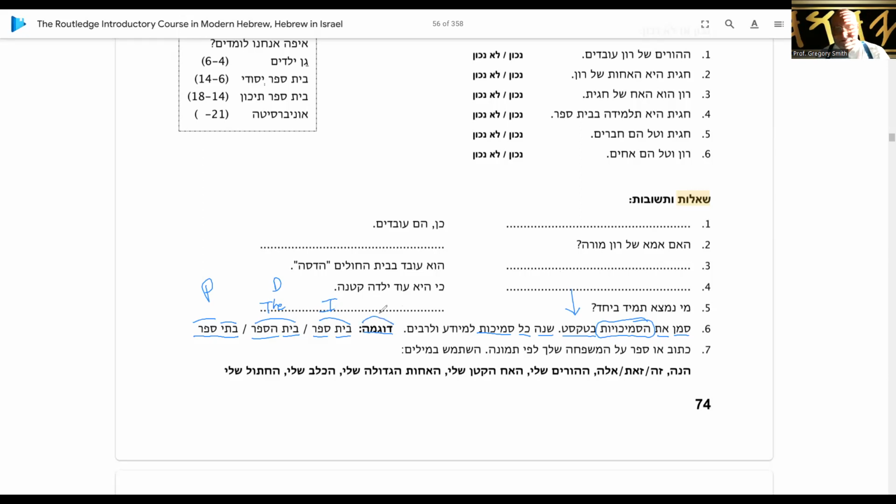That's the illustration. Okay, so let's see what they've got down here. Ktov o saper, so write, or tell, or the book about. Ktov o saper al hamishpacha shelcha lefi tmuna. Write or tell. Ktov normally comes from writing, but I guess in this case it's telling.